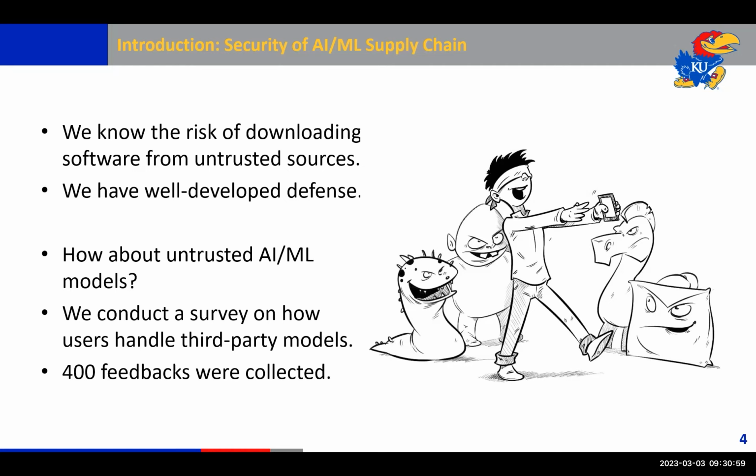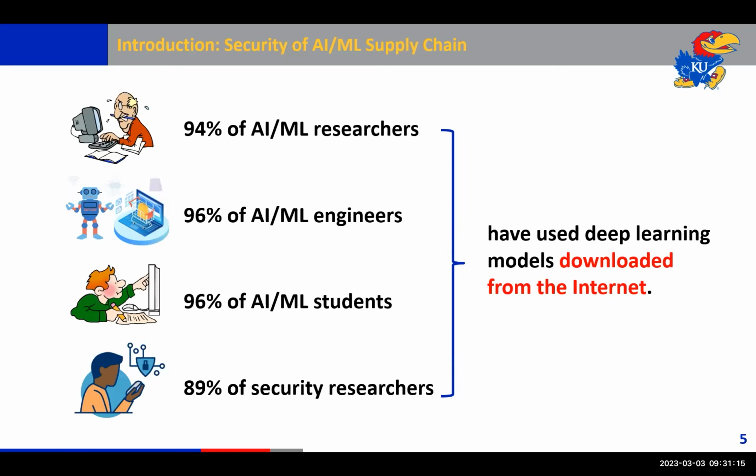To further investigate this, we conducted a survey of how users deal with third-party models downloaded from the internet, and we asked how they examine the security of their downloaded models. We collected 400 feedbacks. We asked, have you downloaded models from the internet before?